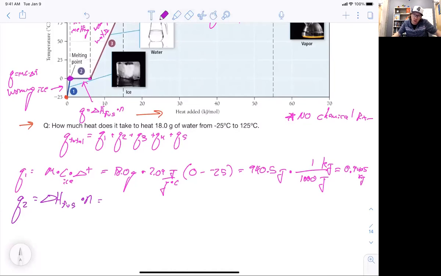Again, enthalpies could be in kilojoules per gram. Ours are given in kilojoules per mole. So we know that the enthalpy of fusion is 6.02 kilojoules per mole.